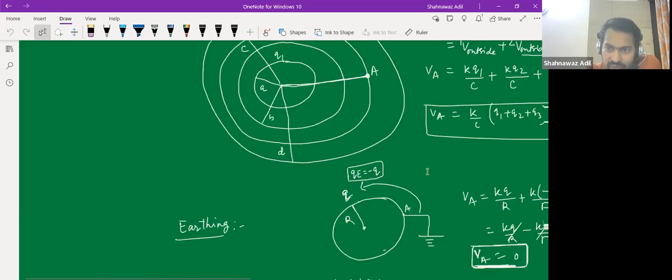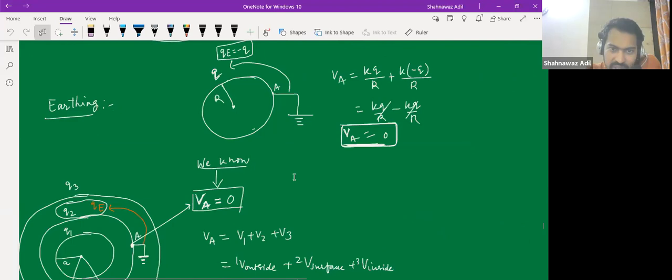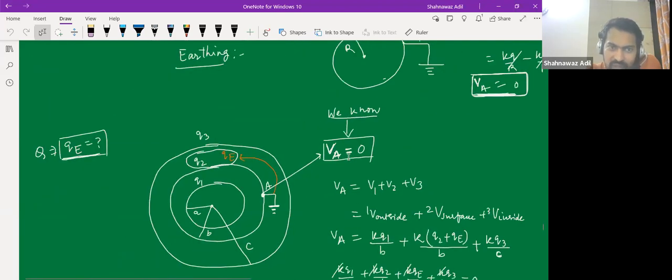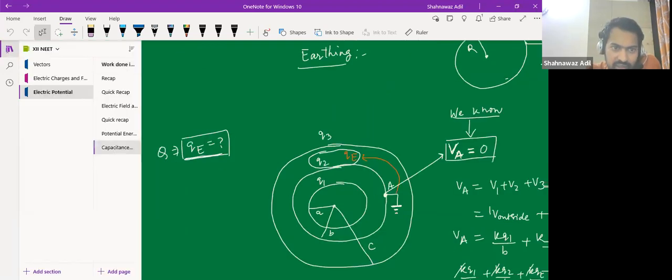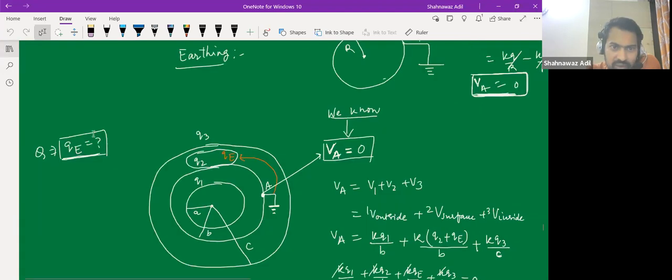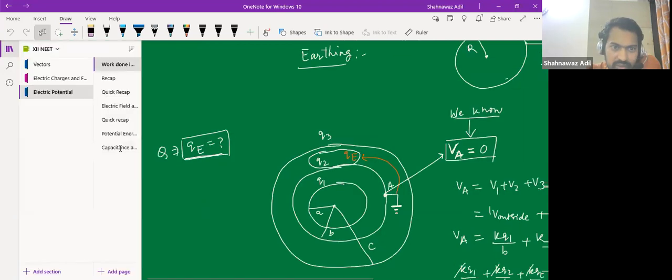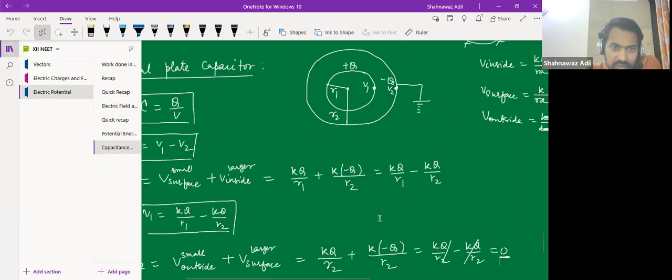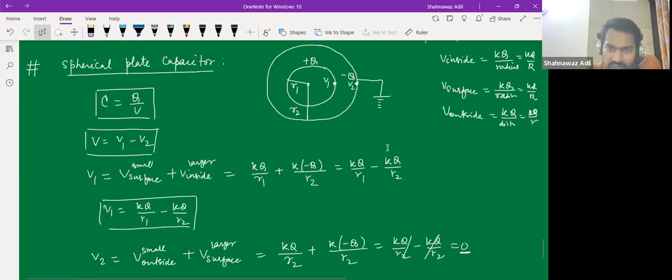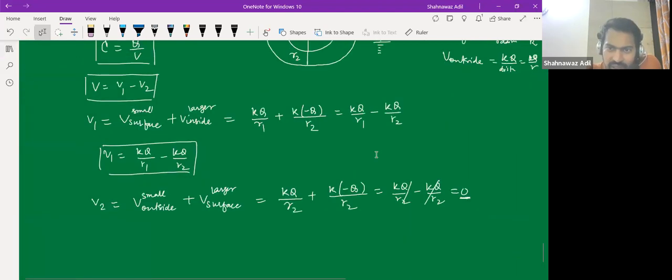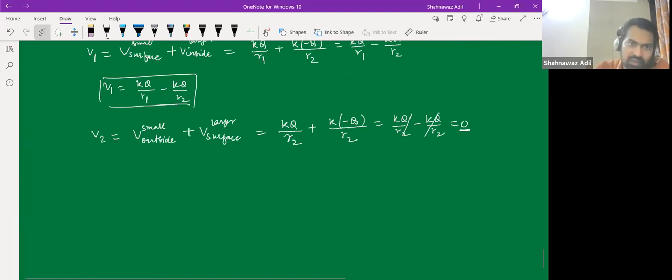When we applied the earthing, then potential becomes what? Potential becomes 0. So this is what we have proven in here. This is what we got: the potential is 0.